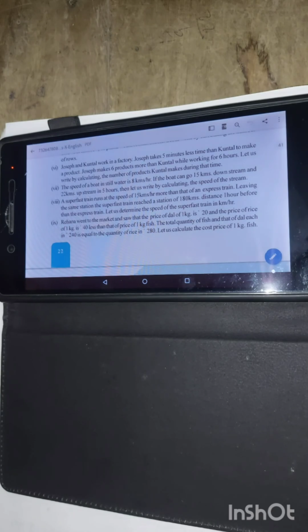Joseph makes 6 products more than Kuntal while working for 6 hours. Let us write by calculating the number of products Kuntal make during that time.